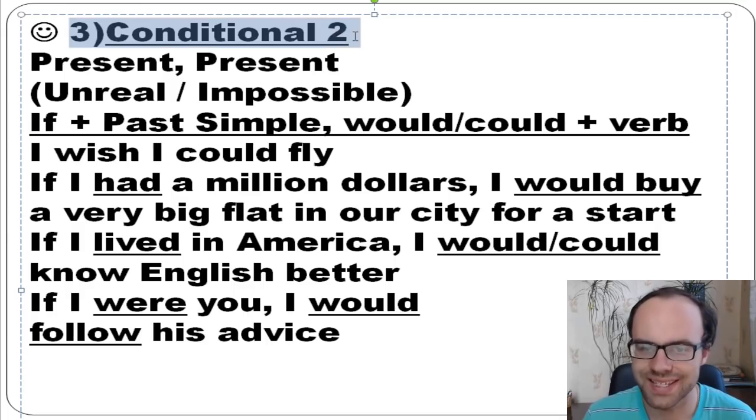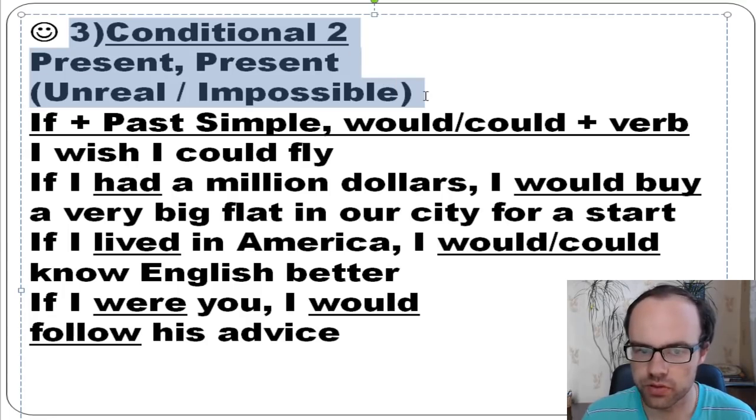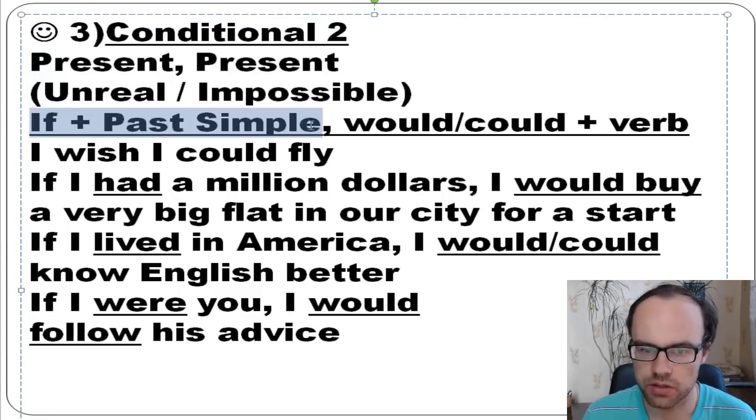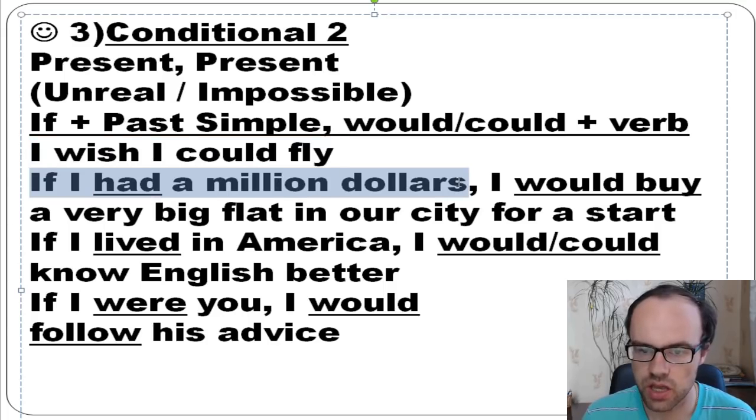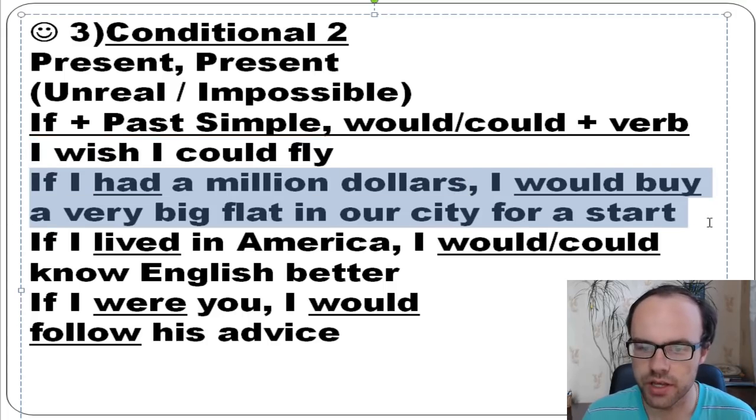Okay, so the second conditional, present and present, unreal, impossible, okay? If plus past simple, and would or could plus verb. I wish I could fly. If I had $1 million, I would buy a very big flat in our city for a start.